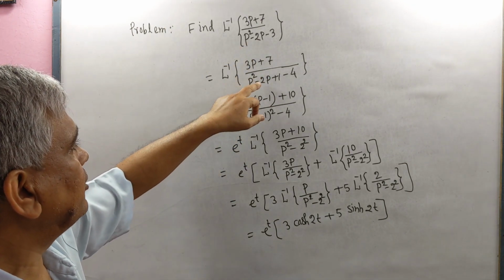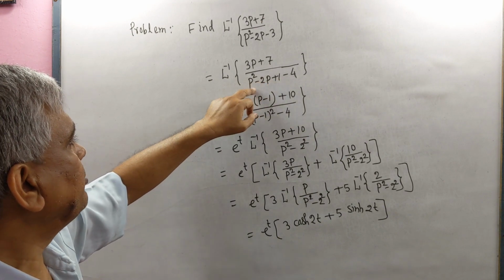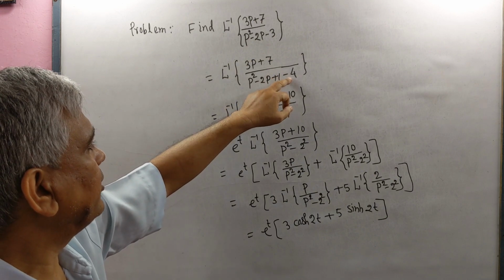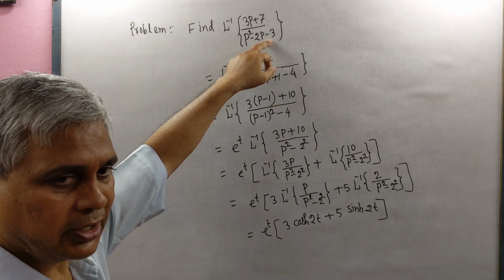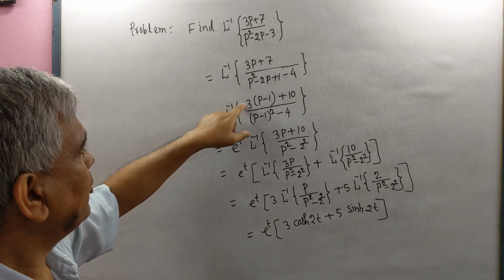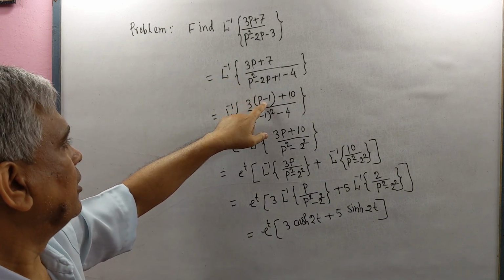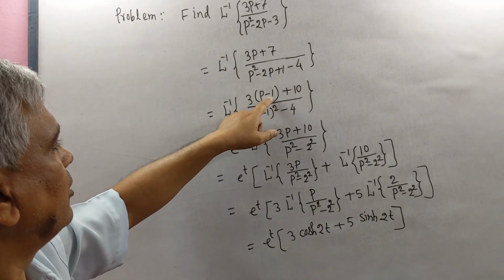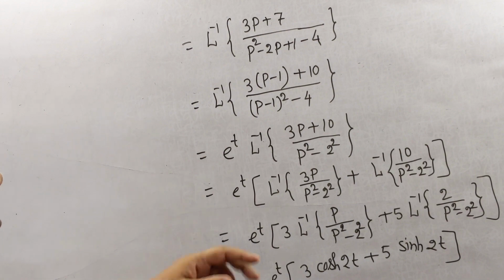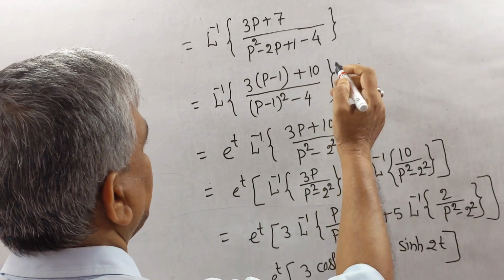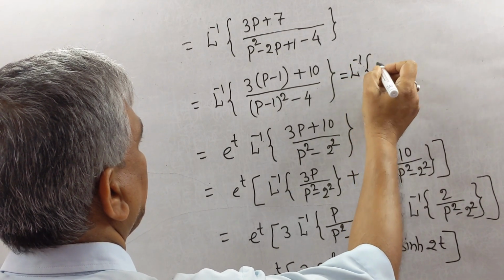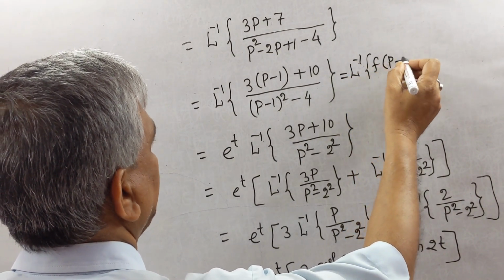P square minus 2p plus 1 means (p-1) whole square, and by adjusting here we write minus 4, then it becomes 3. Here we also make 3(p-1), so here minus 3 plus 10 equal to 7. So this is the function of L inverse F(p-1).